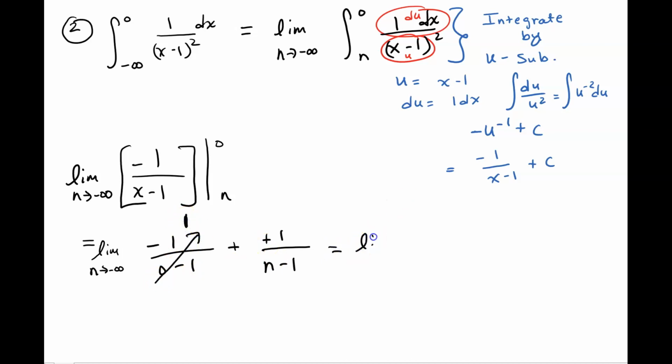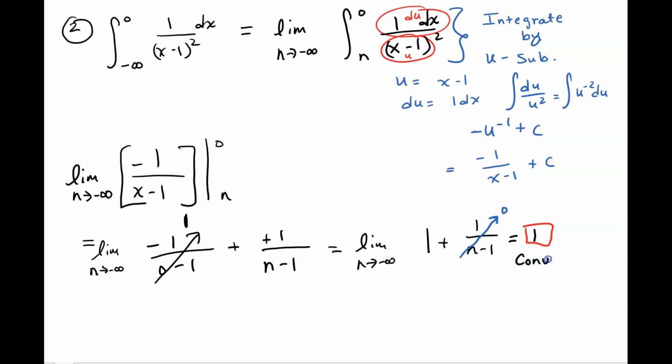So we have the limit as n goes to -infinity of 1 plus 1 over n minus 1. Now, basically, you're going to have 1 over infinity minus 1. This is going to go to 0, leaving you with a final answer of 1.